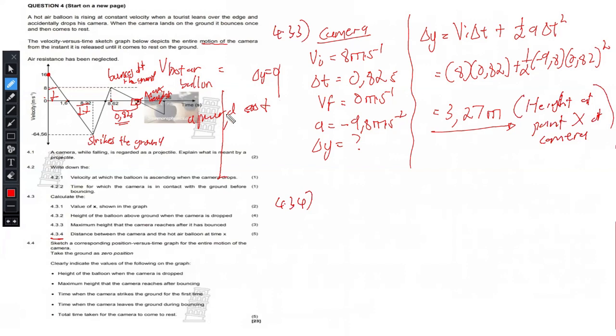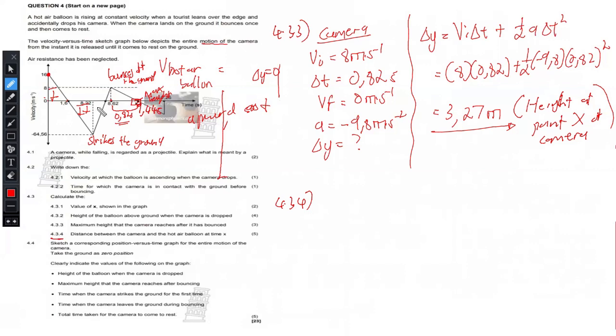So to calculate the height of the hot air balloon, we're simply just going to do this, right? We can say at this point, what is the time here? We calculated and we found that it's 9.44 seconds. So we want to know the height that was covered by the hot air balloon during that time interval of 9.44 seconds.